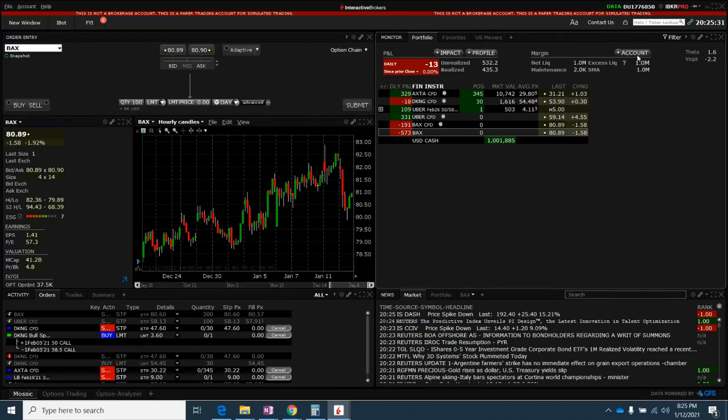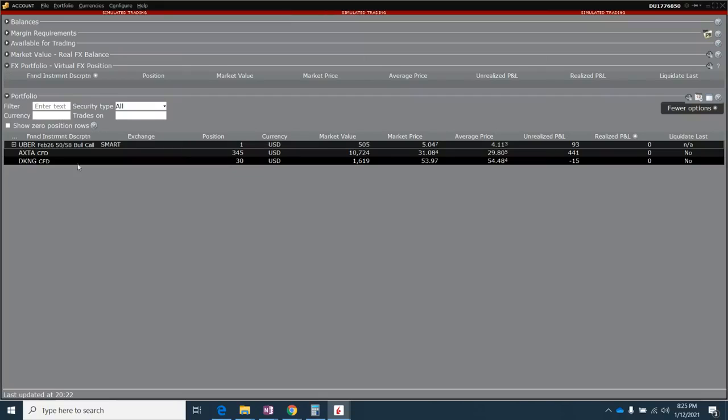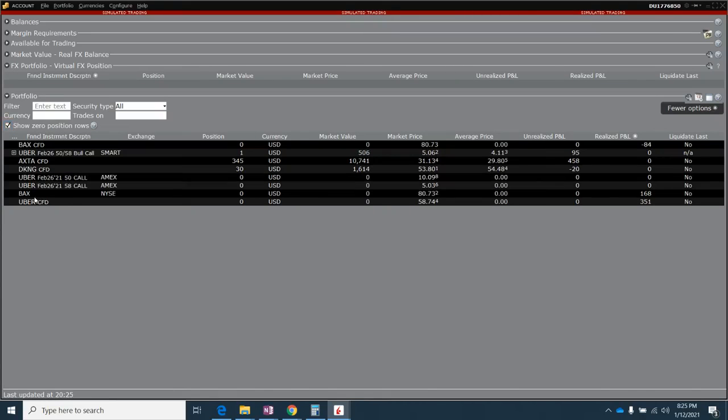There are three positions that I currently have, over call option, but the stock position of this I have already taken profit on earlier. So I want to show it to you. Here I have the Uber stock. I profited $351.